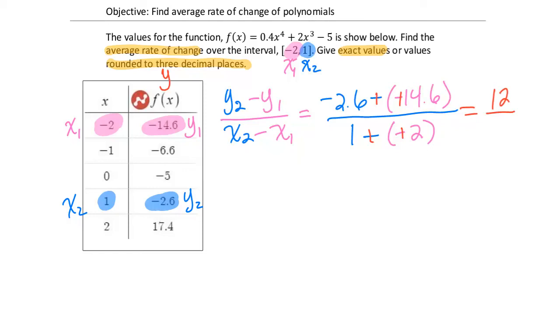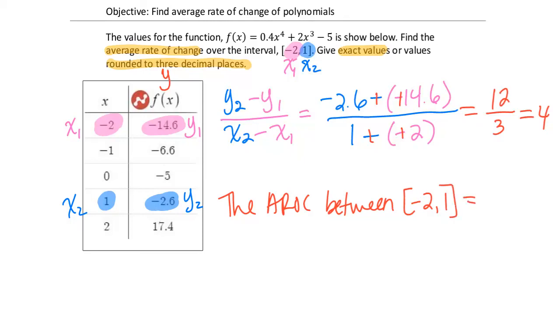Yeah? Okay. And then the denominator, 1 plus 2 gives us 3. And 12 divided by 3 is 4. So my final answer is 4. We're going to say the average rate of change between negative 2, 1 is equal to 4.